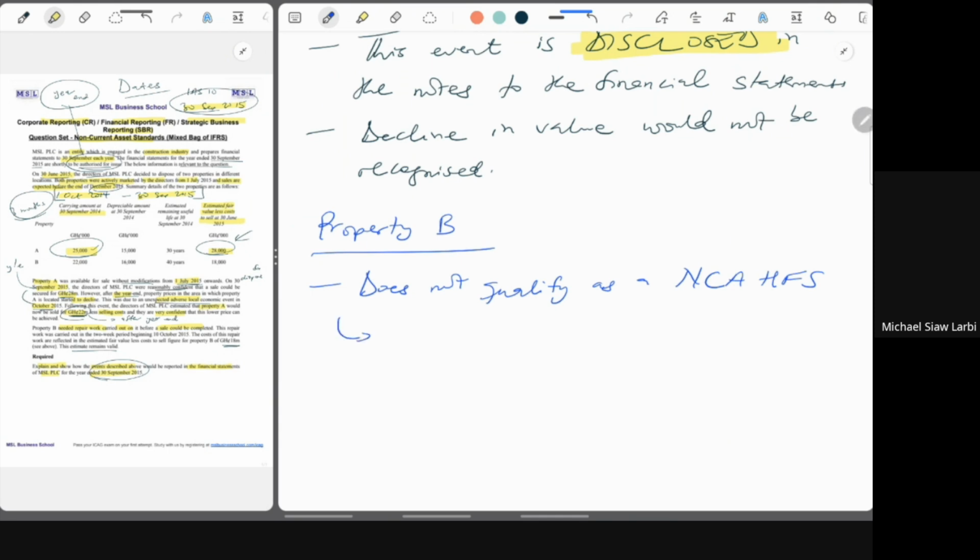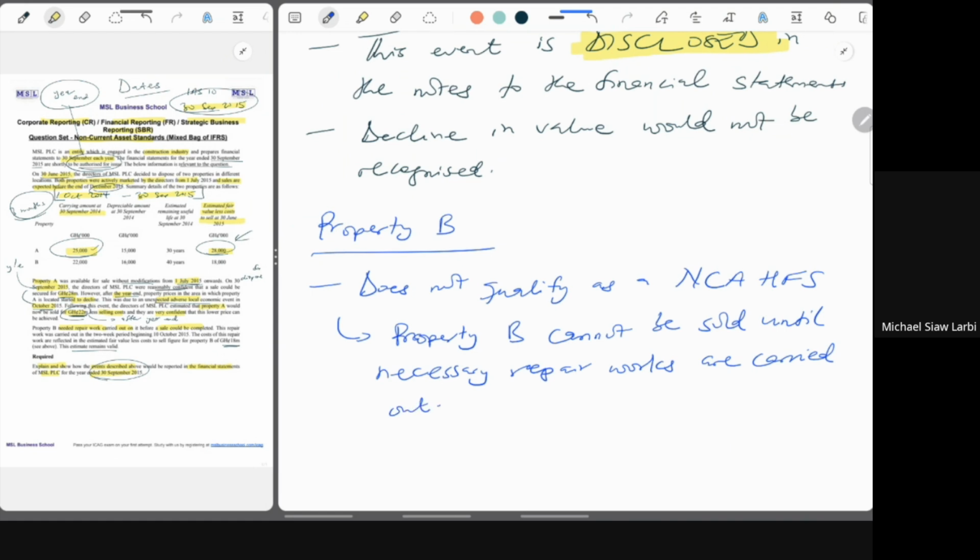Why? The key point is that property B needs repair work. We can say property B cannot be sold until necessary repair works are carried out. So we cannot classify it as held for sale.